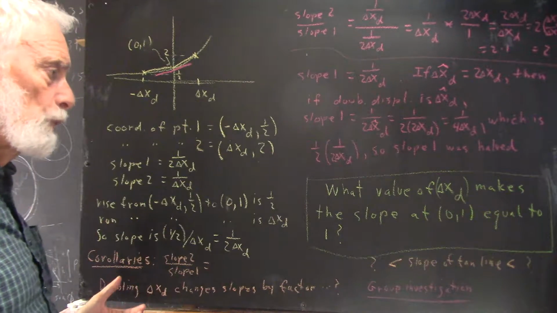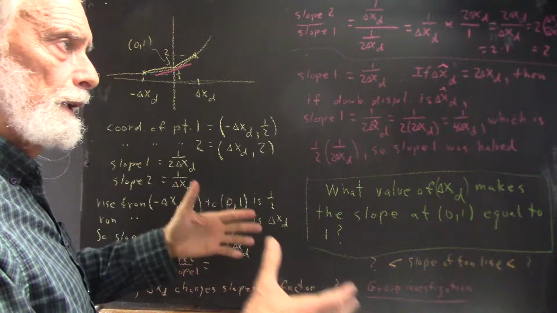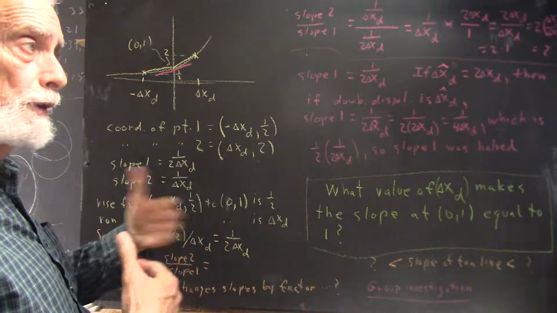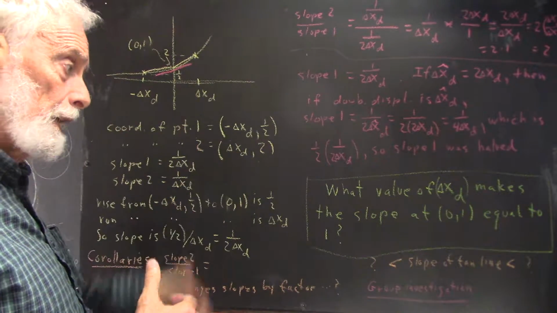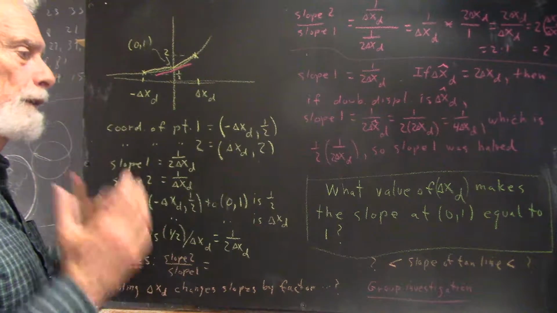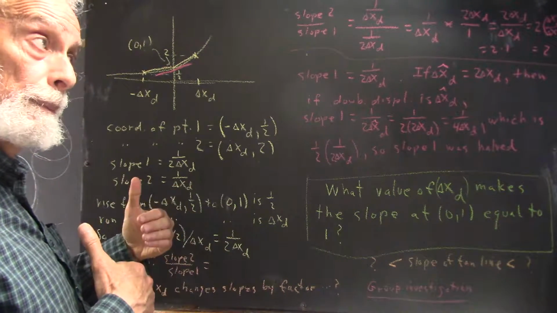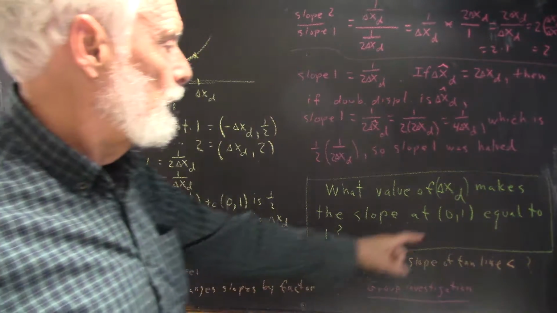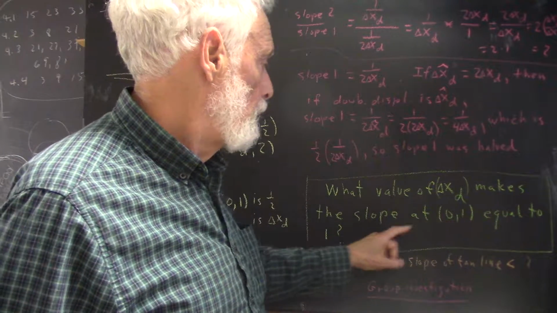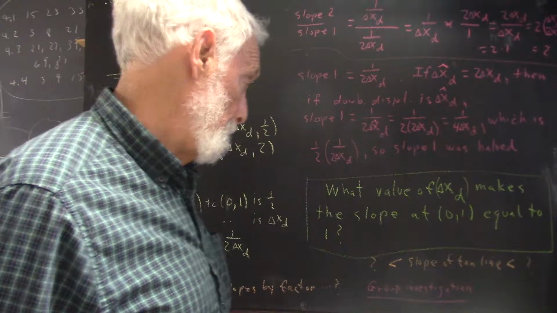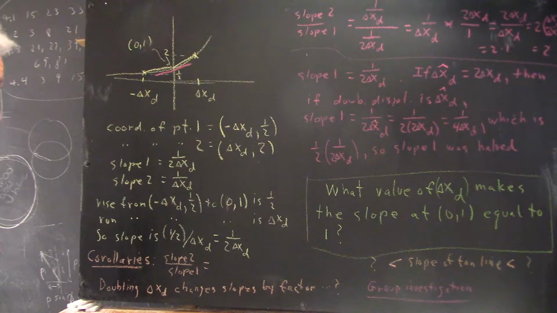So that somewhere between a delta x sub d equal to 2, where the slope is no bigger than 1/2, and delta x sub d equal to 1/2, where the slope is no less than 1, we should be able to find a delta x sub d where the slope is 1. Now, whether you're going to be able to find that or not, we'll see.